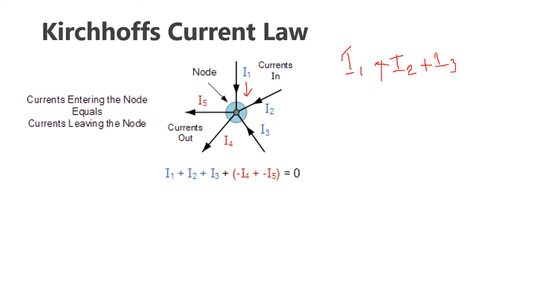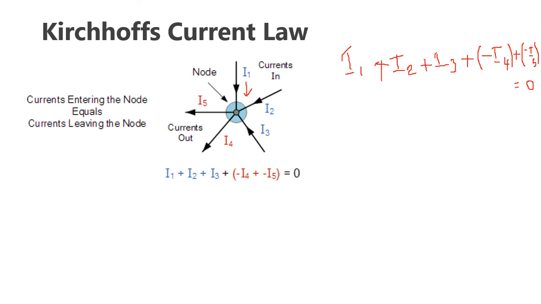But I4 is in the opposite direction, the current leaving the node, so compared to I1, I2 and I3 it should be minus I4. I5 is in the same direction as I4, therefore minus I5. So that will be equal to 0.